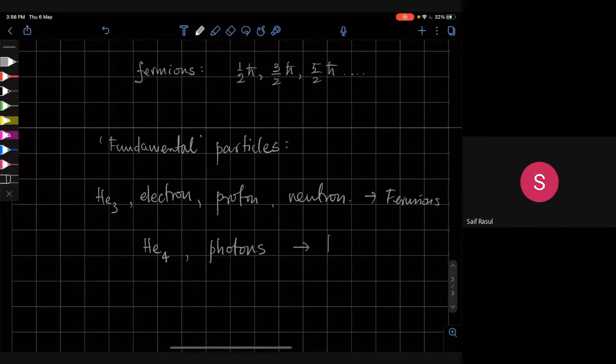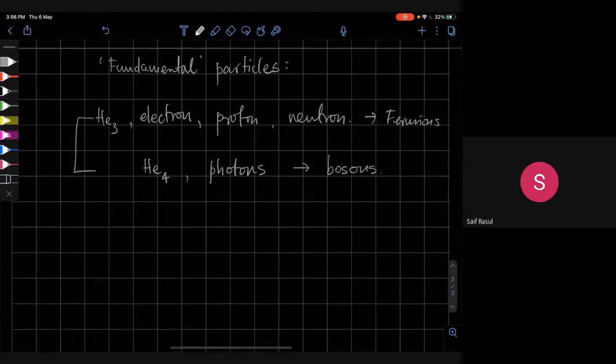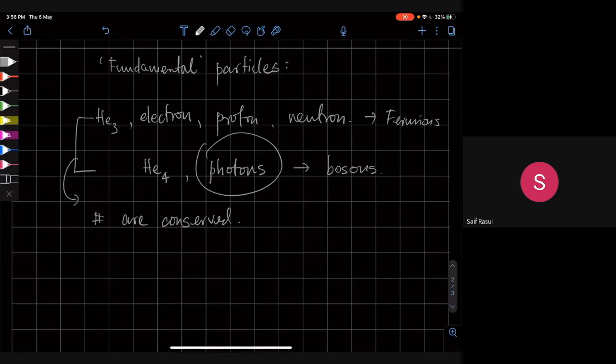These are bosons. Now photons are a bit weird because in non-relativistic physics, apart from photons, the numbers of particles are more or less conserved. But the number of photons is not conserved. Photons do not have any charges associated with them, and since they're massless, their numbers are not conserved.